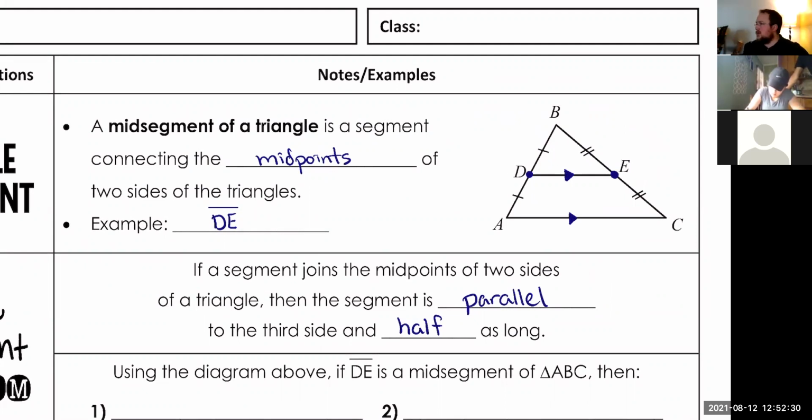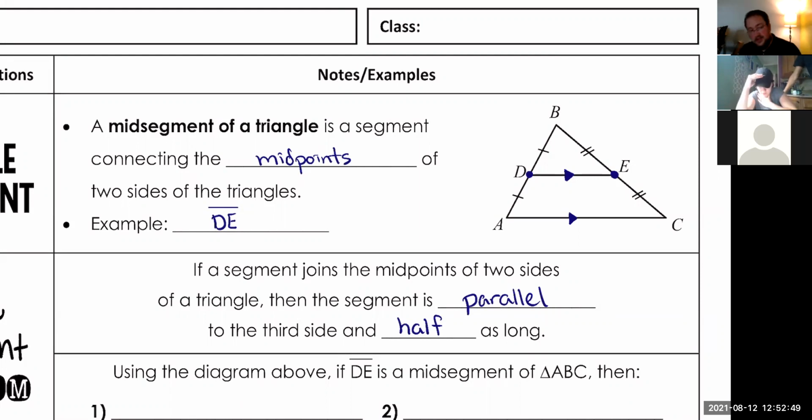Well, that opens up a whole new world of possibilities because we've talked about transversals with parallel lines, things like that. Consecutive angles, corresponding angles, all sorts of things. So that opens up a new world of possibilities, which will actually help us in the next unit as well.